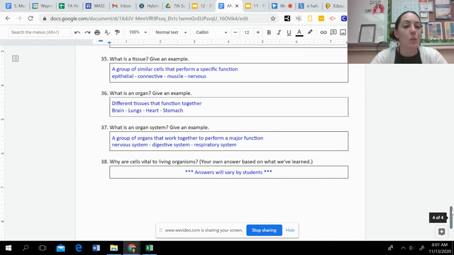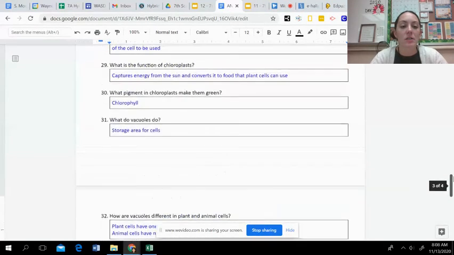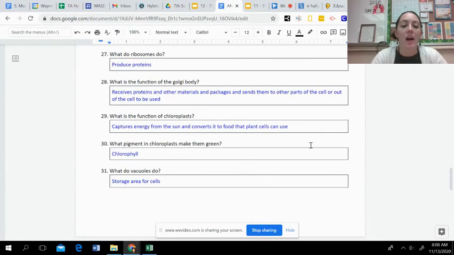I did want to say one other question that's not on your review, but you will see on your test, that you can make sure you take this information from, is how plant and animal cells are different. So make sure you remember and have that understanding that plant cells have those chloroplasts.